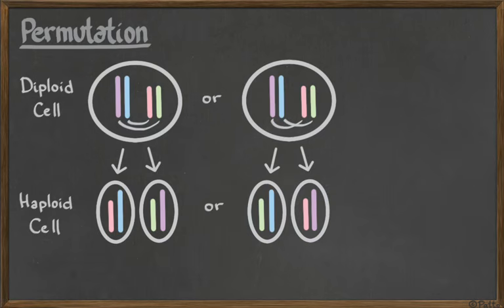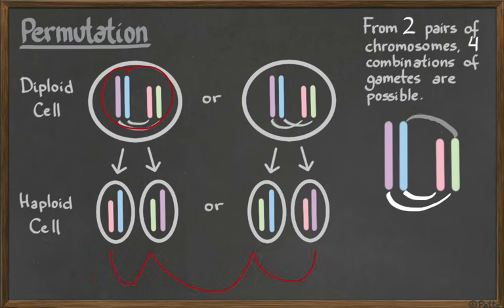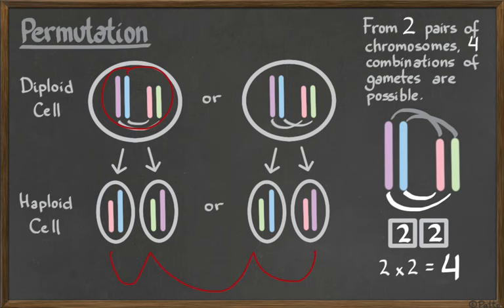The same 4 chromosomes over here can permutate in different ways, making 4 different combinations. How do I know how many can be made? From 2 pairs of chromosomes, I make 4 combinations because it's going to be 2 to the power of 2. 2 to the power of 2 equals 4 combinations. So 2 pairs, 1, 2, 3, 4 combinations. 2 times 2 equals 4, 2 to the power of 2.